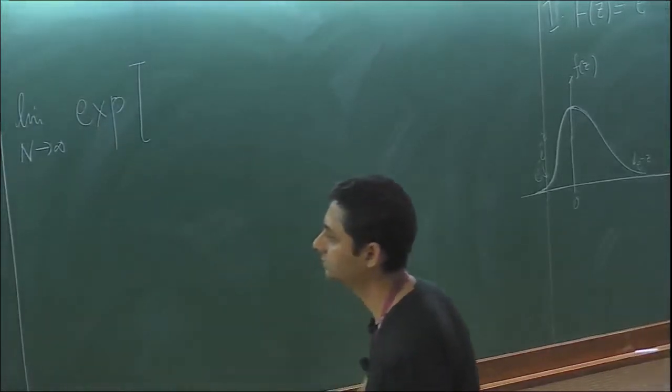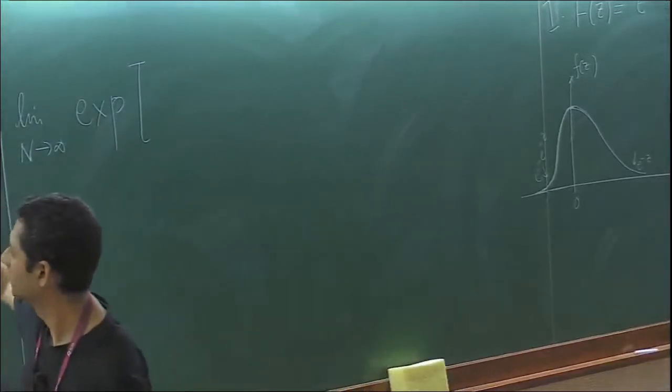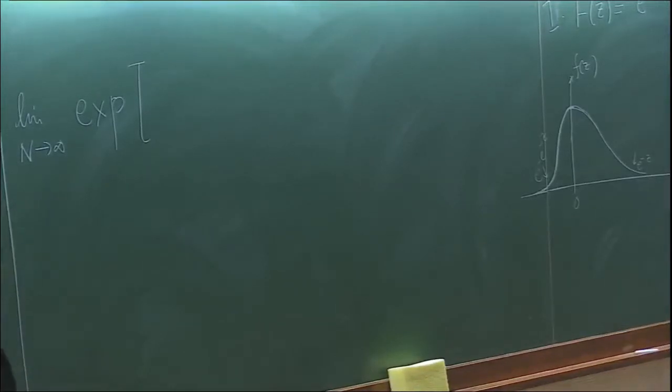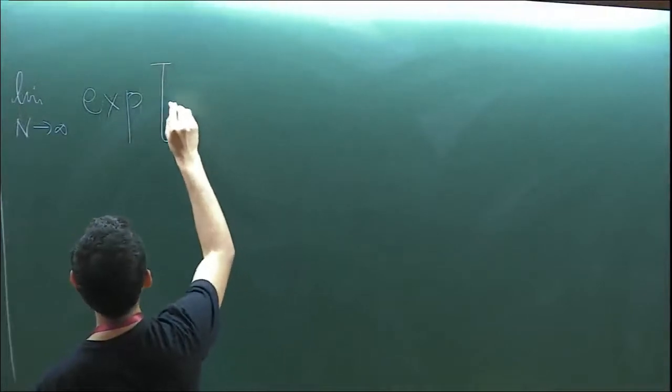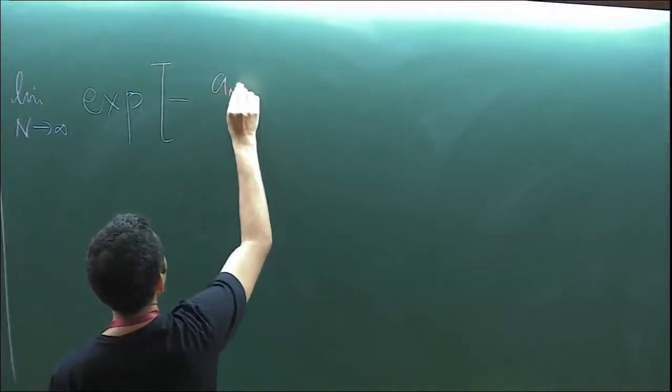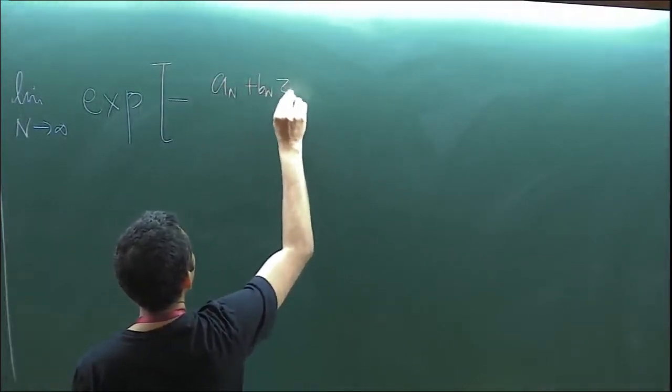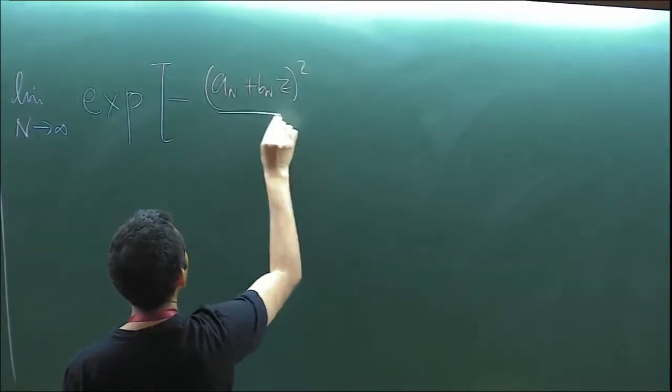First let me write this term: exponential of x squared by 2, where x is an plus bn z, whole square by 2.